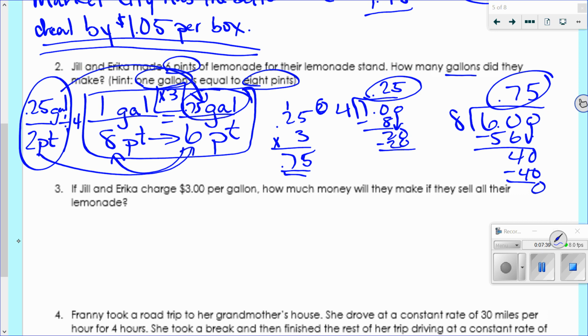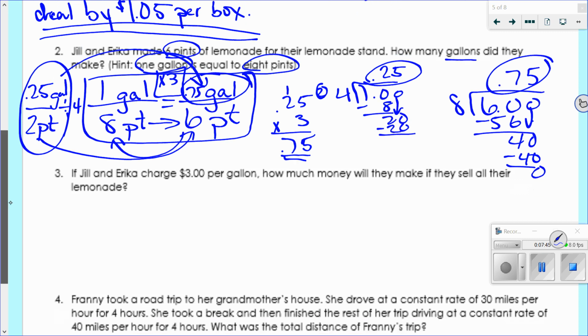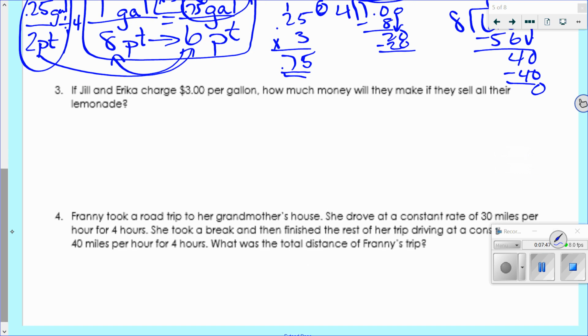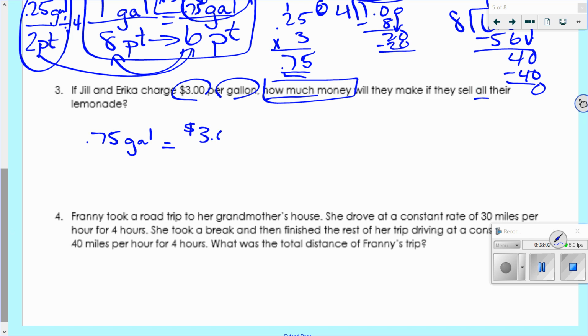Questions on that problem? Probably the most difficult problem on the test. Make sure you understand the process, guys. They charge $3 per gallon. How much money will they make if they sell all of their lemonade? So we now know they have 0.75 gallons. And I know that they're going to sell it at $3 per gallon.